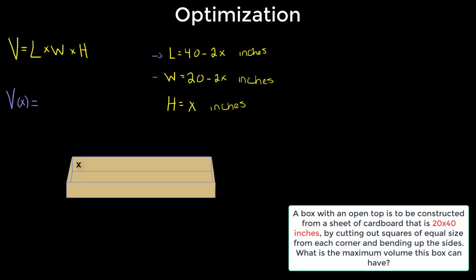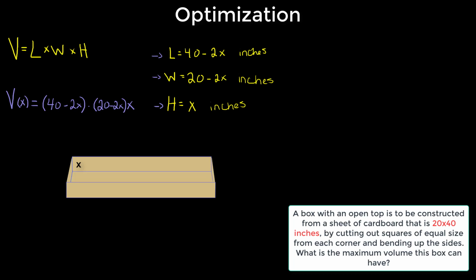We have defined all three. So this is great. All we've got to do is plug and chug. So we have 40 minus 2x multiplied by 20 minus 2x multiplied by x. This is good. We have our function. It's represented fully. And we have one independent variable.